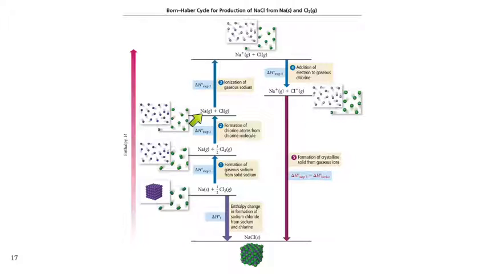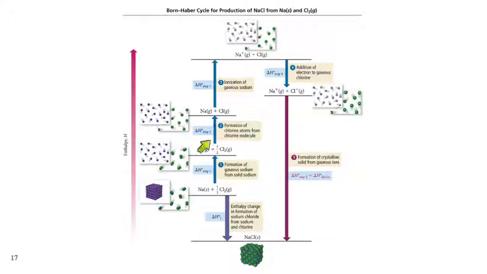Then we take the sodium atom and pull off its valence electron. That's endothermic. You have to put energy in. Then we take the chlorine atom and give it an electron. Chlorine has a negative electron affinity, and so that's exothermic. Now we've got the sodium ion and the chloride ion in the gas state, and the difference between this point and the final is the lattice energy.